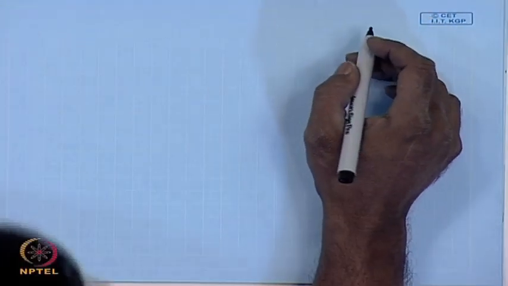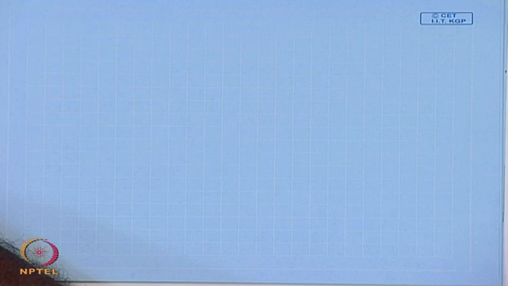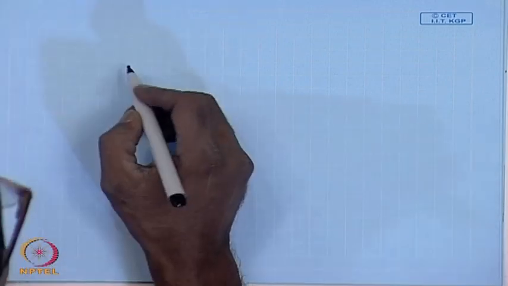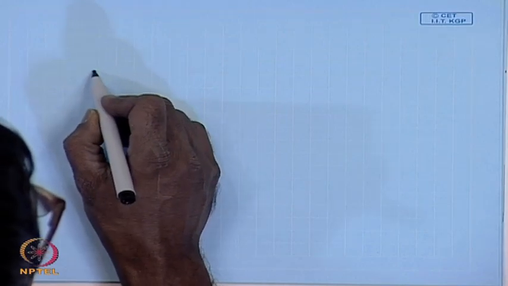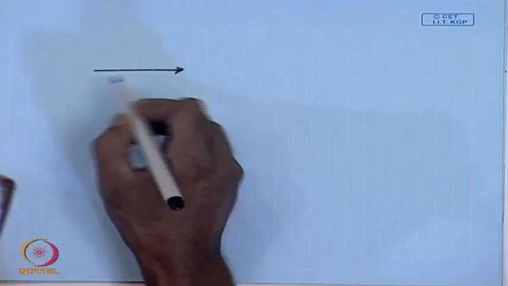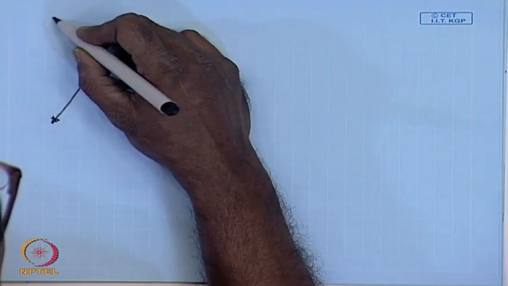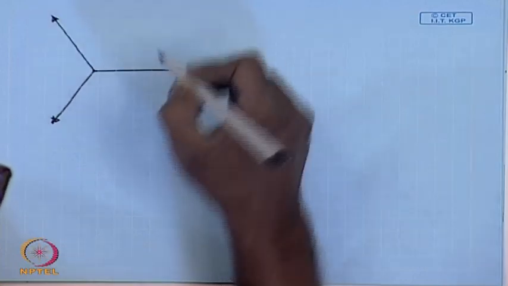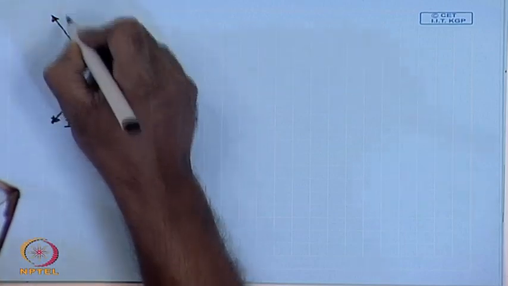So, let us say this is the line current on the high voltage side I_A, this is I_B and this is I_C. I_A, I_B, I_C.